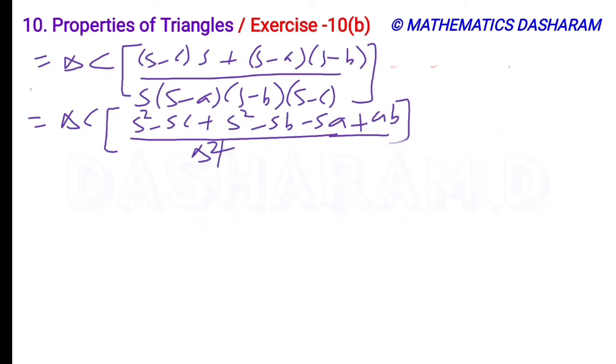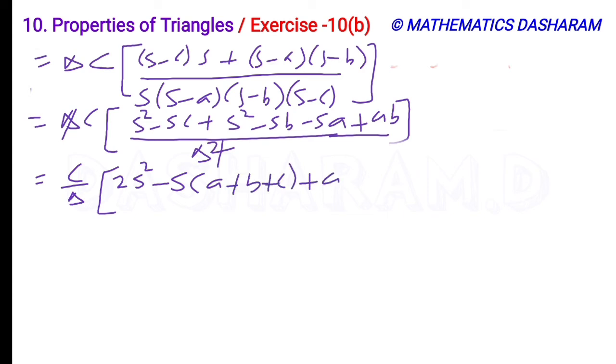So here square and delta will be cancelled, so C divided by delta bracket of here S square, 2S square minus, take the minuses common from the remaining 3, so A plus B plus C and plus AB.